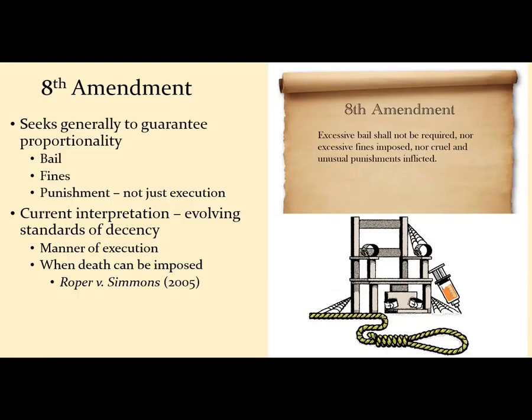One in particular is Roper versus Simmons, where the Supreme Court held that defendants who commit their crime, it would have to be murder, while juveniles, so if they are 17 or younger when they commit the murder, cannot be sentenced to death. That was a Supreme Court holding. There's a similar one involving mentally disabled people.